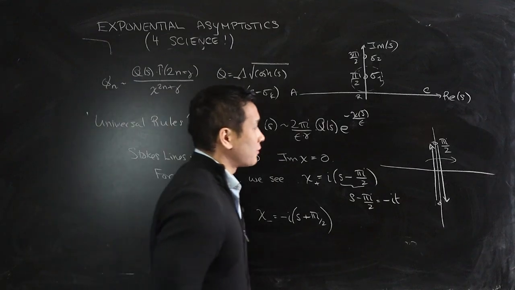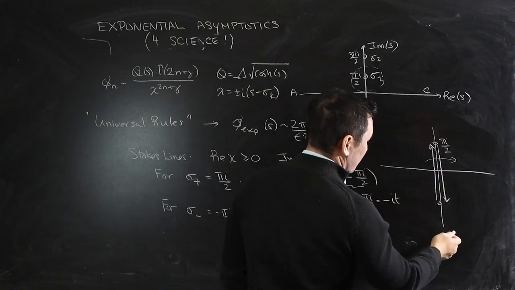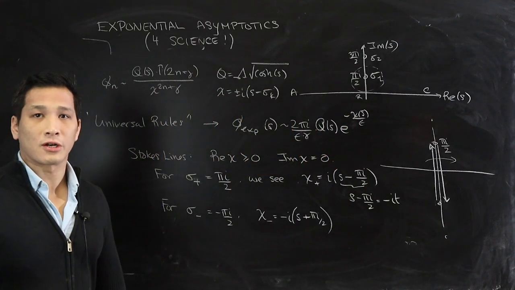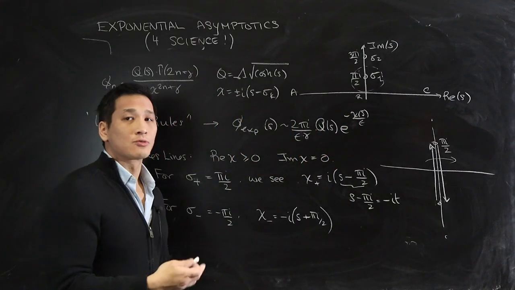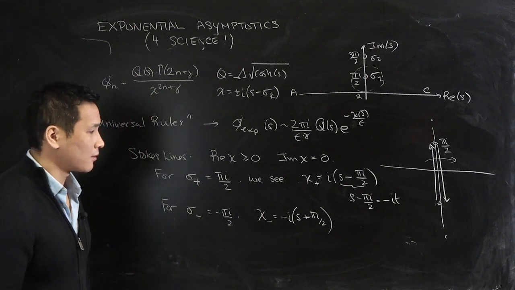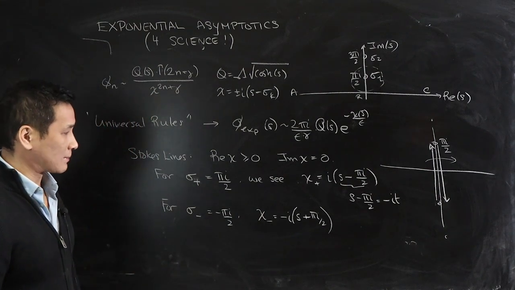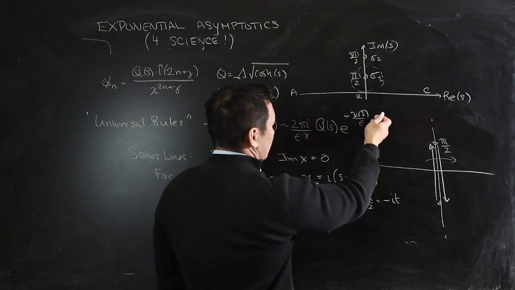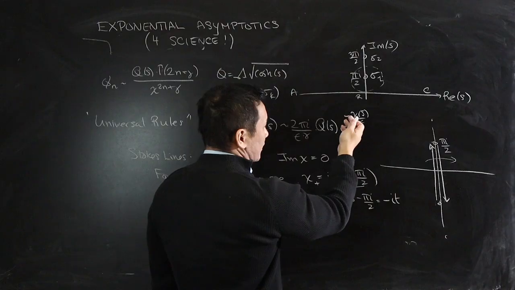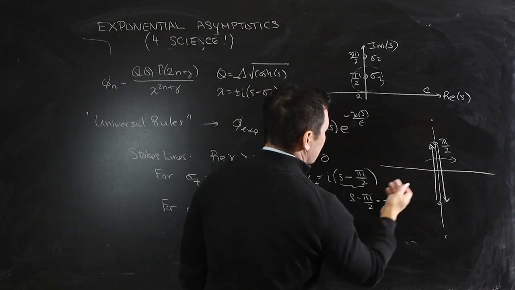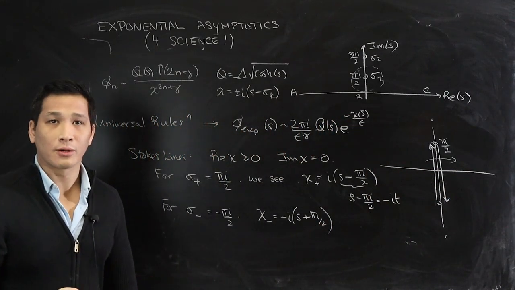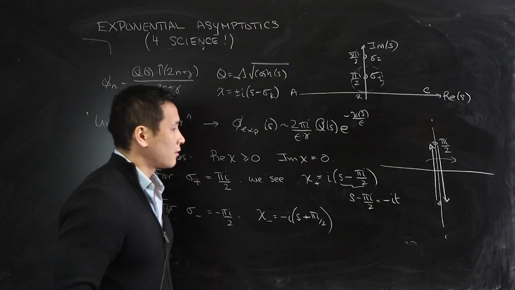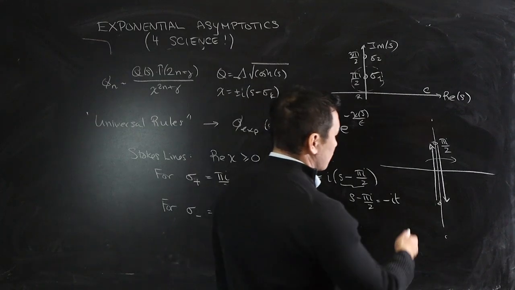Now, you're going to have Stokes lines from each of the singularities up the axis, and those will also generate exponentials, but those will be smaller in magnitude. Now, how do you see that they're going to be smaller in magnitude? Well, the most expedient way is to look at this expression here, and essentially this chi along the axis will have a real valued component and an imaginary component.